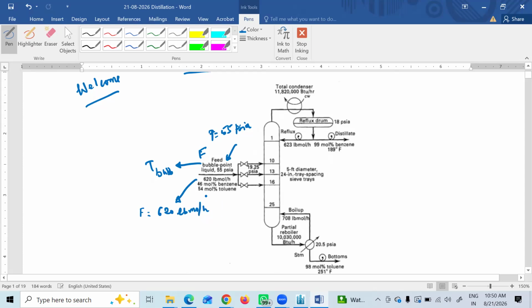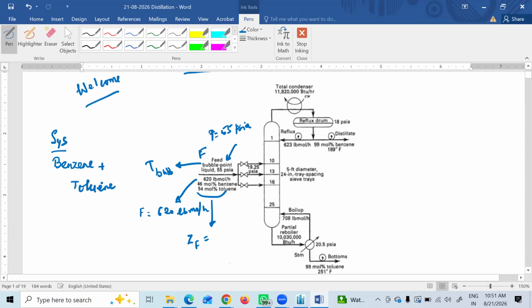And the composition, ZF, is generally the mole fraction of the more volatile component in the system. Here the system we have taken is benzene plus toluene.